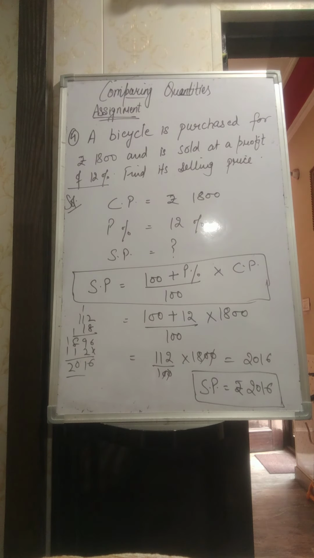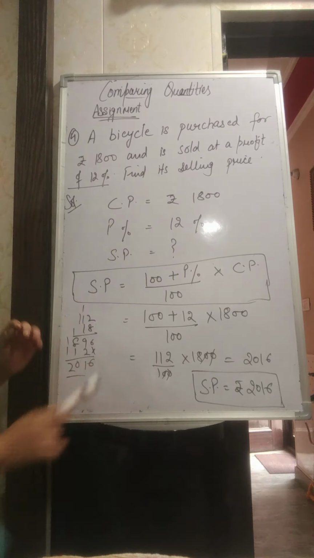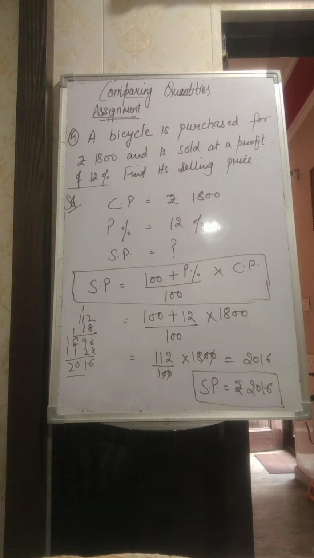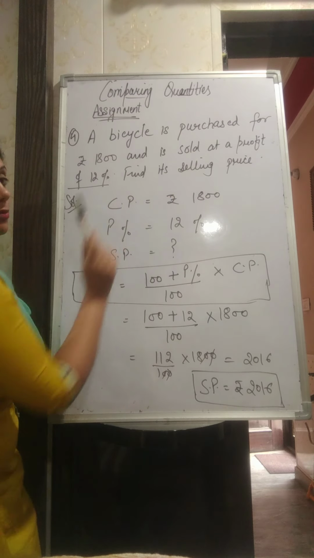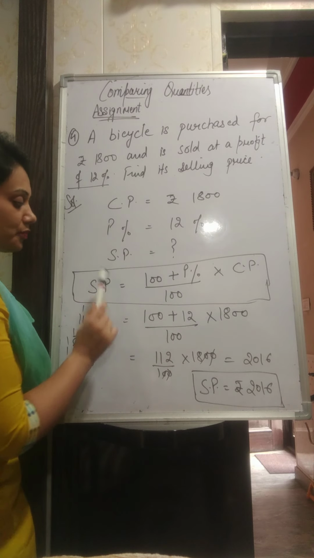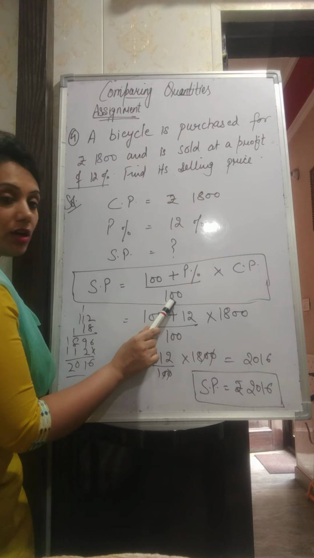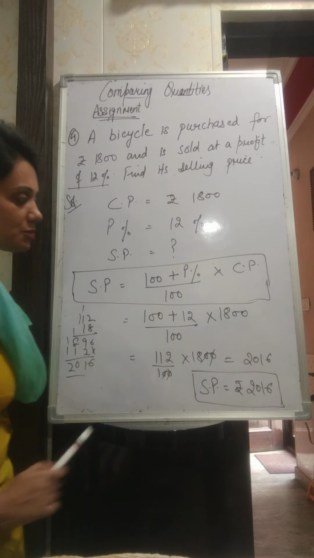So let us discuss it again. A bicycle is purchased for rupees 1800 and is sold at a profit of 12%. In this question, we have been given the cost price and profit percent, and we have to find the selling price. For that, we have applied the direct formula. Selling price is equal to (100 plus profit percent) over 100 into cost price.